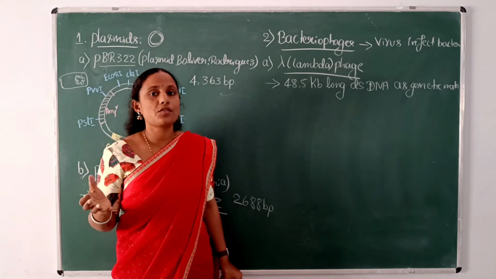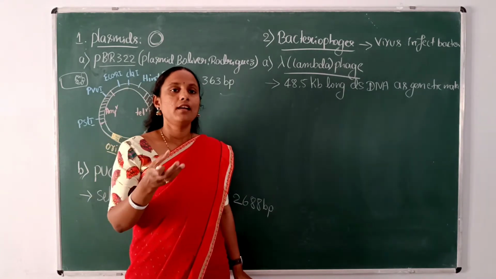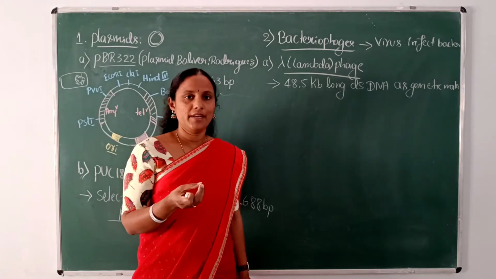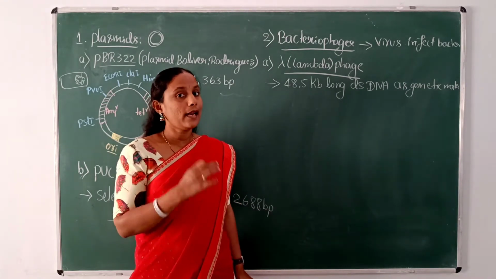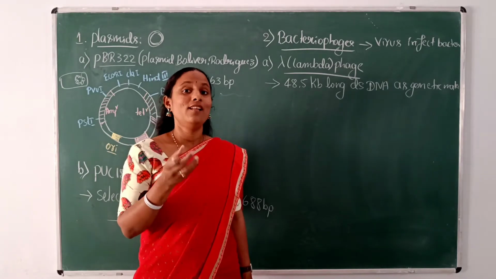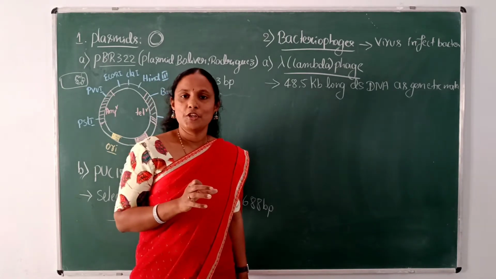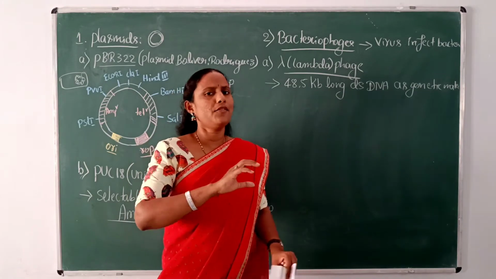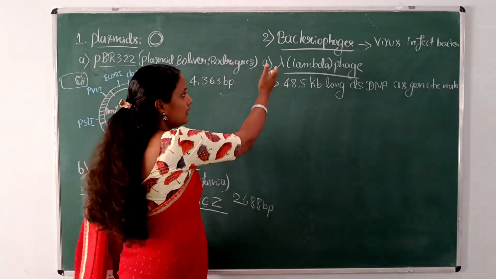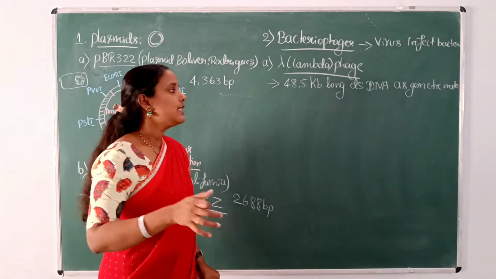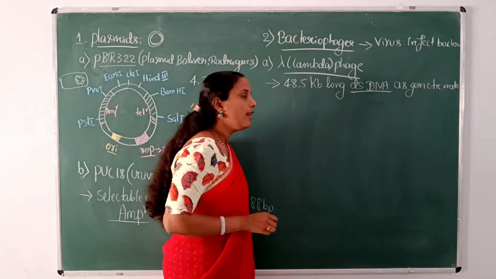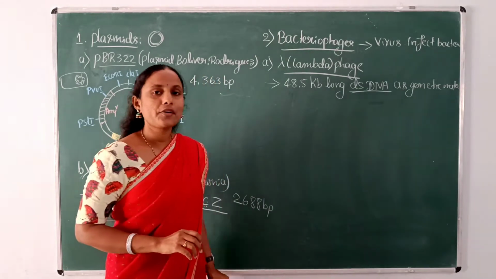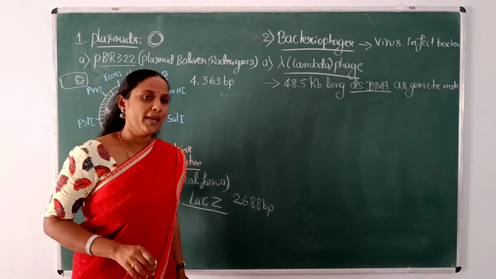There are different sorts of virus which have single-stranded DNA, double-stranded DNA, single-stranded RNA, as well as double-stranded RNA as their genetic material. Here the lambda-phage has double-stranded DNA as its genetic material, with a size of about 48.5 kilobase pairs.